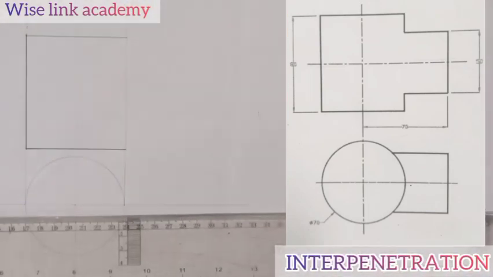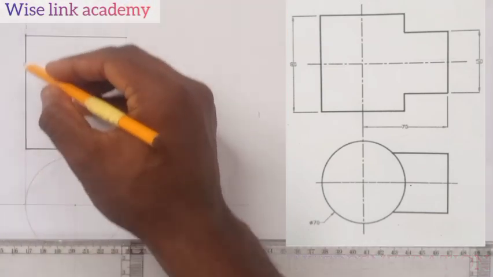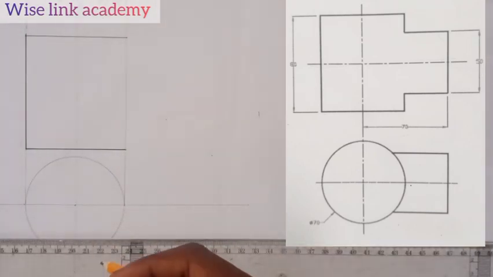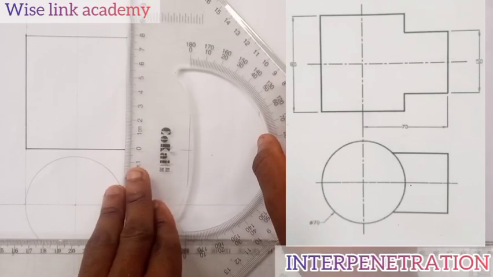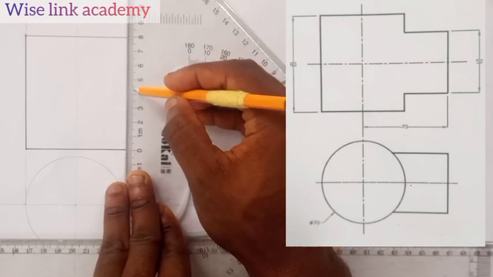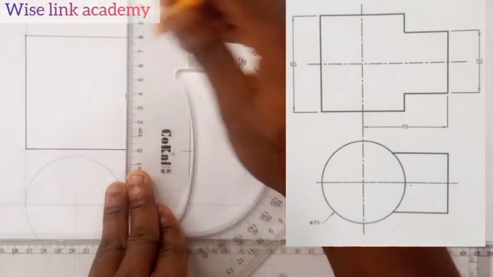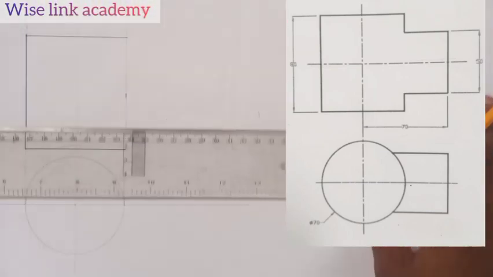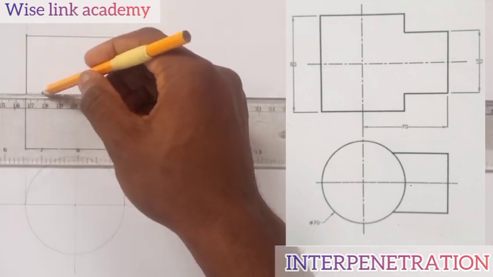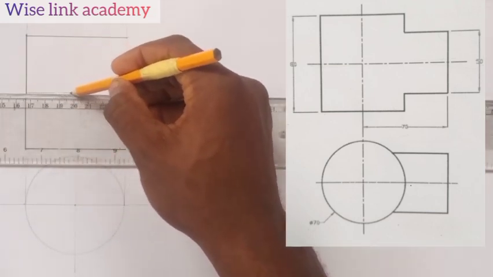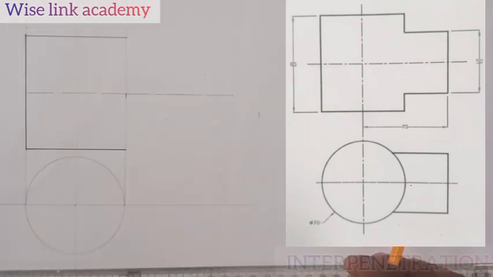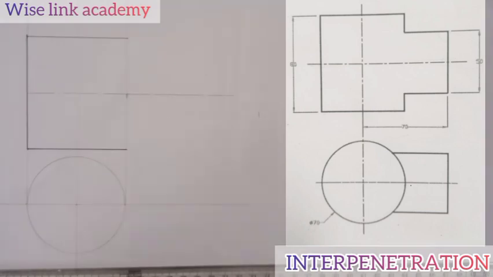We said from here to here is 80. Obviously we need to get the center, so that will be 40. With the help of my T-square, 40 is at this point. I will draw a center line to indicate the 40 this way. So here's the center of the cylinder.